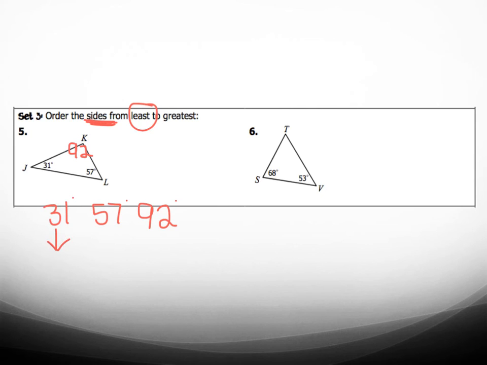Across from 31, which is angle J, is side KL. Across from 57, which is angle L, is KJ. And last but not least, angle K is across from JL. So look at us. We just wrote the sides in order from least to greatest.